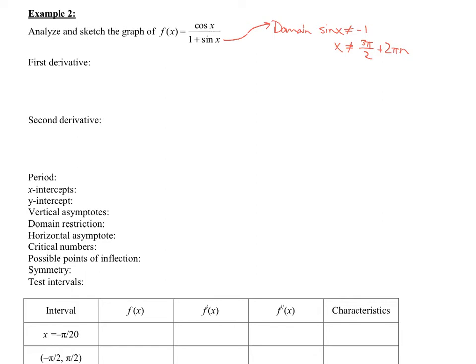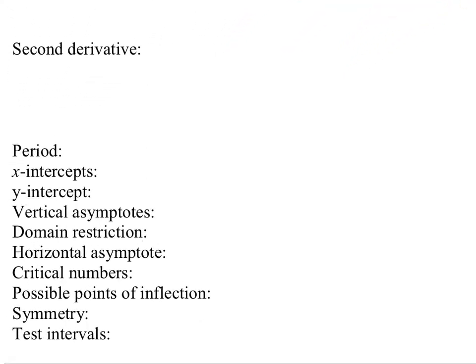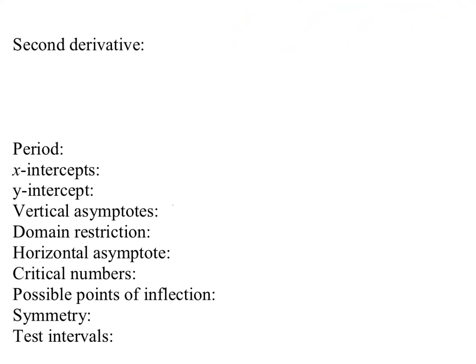And by the way, are those going to be holes or asymptotes? Yeah, those are actually going to be asymptotes, because they're not going to cancel out. So the vertical asymptote and the domain restriction will end up being very similar. The vertical asymptotes are x equals 3 pi over 2 plus 2 pi n, where n is any integer.